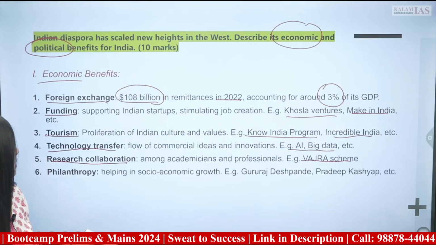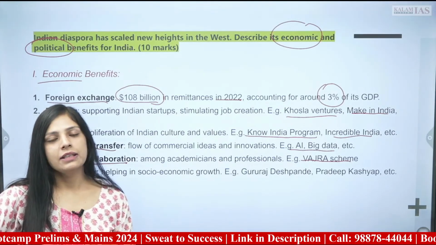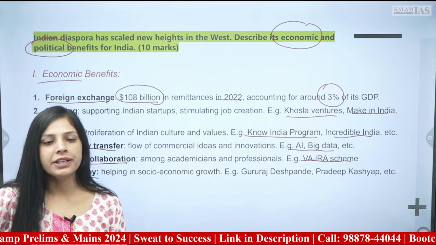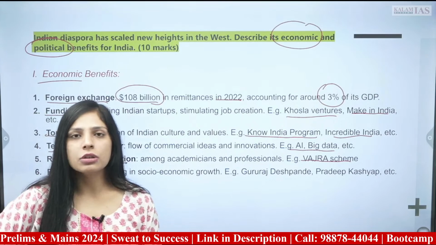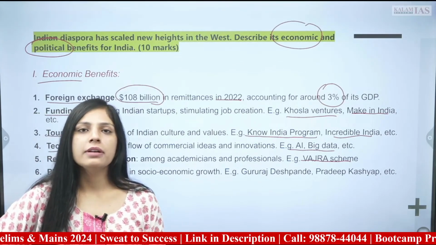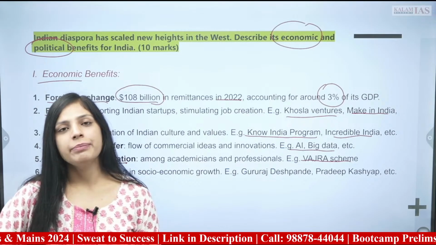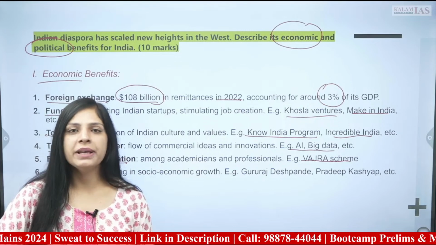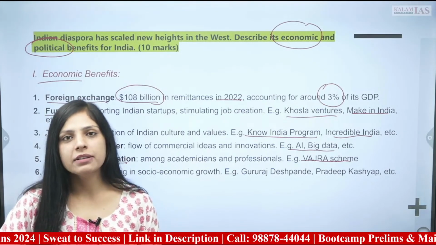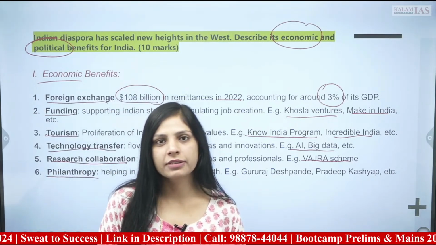Another point, philanthropy. The influential diaspora in Western countries actually looks to participate more in fueling the country's development, in bringing socio-economic changes, in helping rural development. So they donate very generously in our economy.